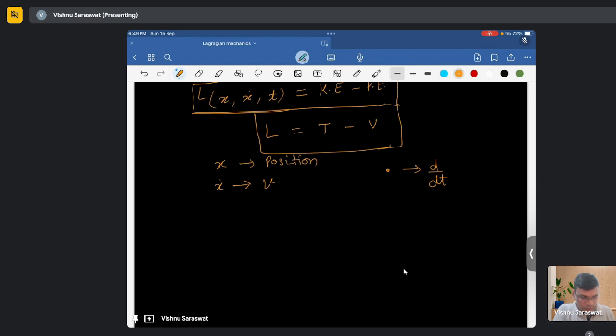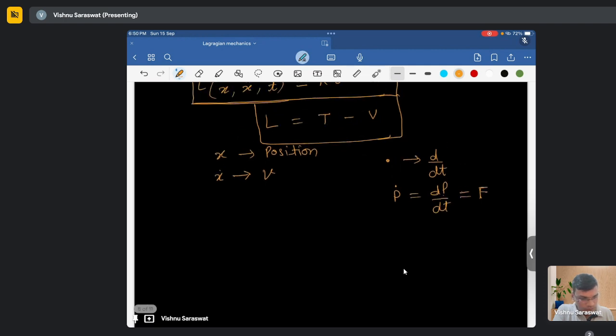If we put p dot, that means dp by dt. dp by dt means force, the rate of change of momentum. So if we put a dot on any variable, it converts into the time derivative: of position, that means velocity; of velocity, that means acceleration. So dot represents only the time derivative here.